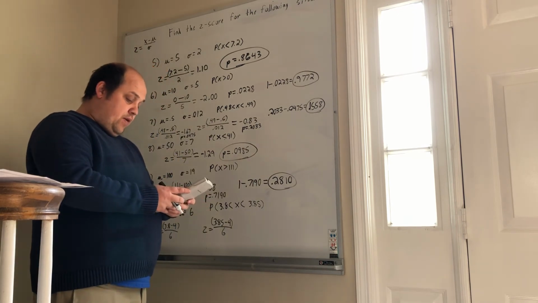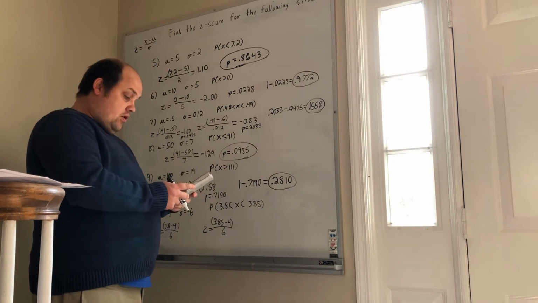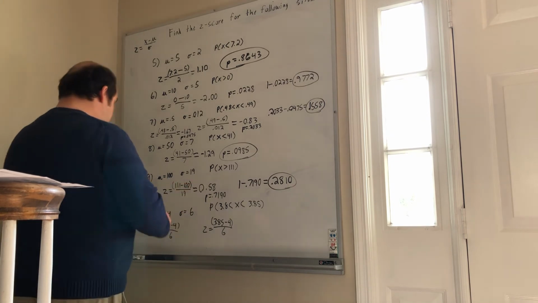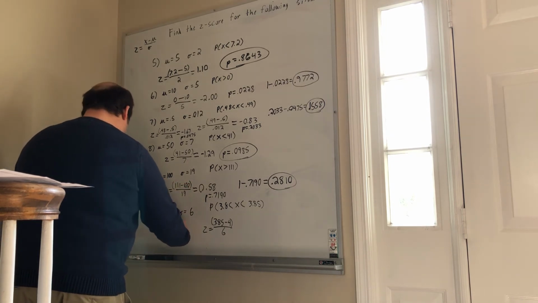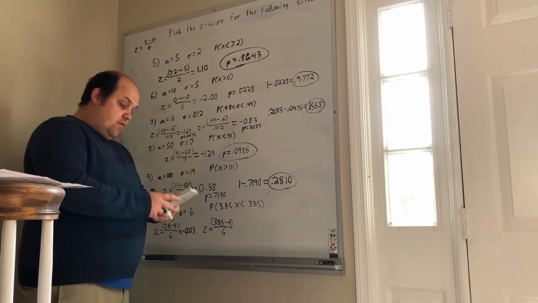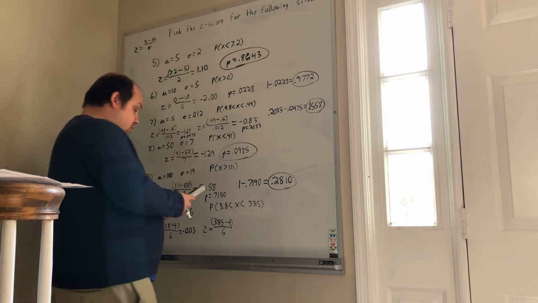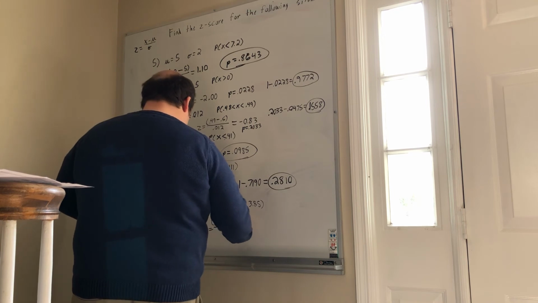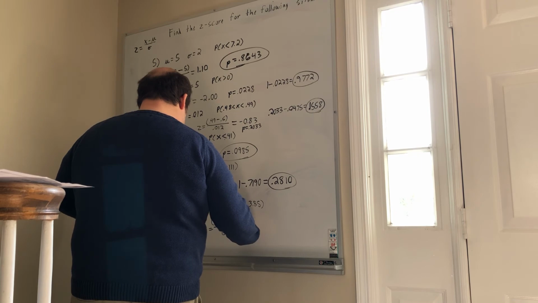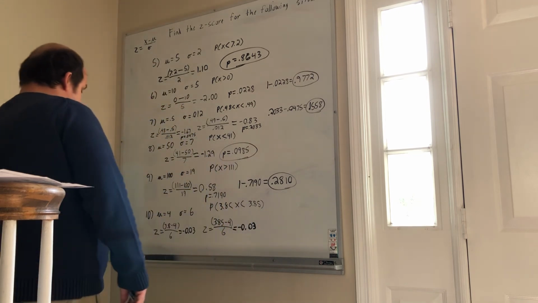When I do 3.8 minus 4 divided by 6, that gives me a z-score of negative 0.03. When I do it now for 3.85, I get a z-score of negative 0.025, which is also 0.3.